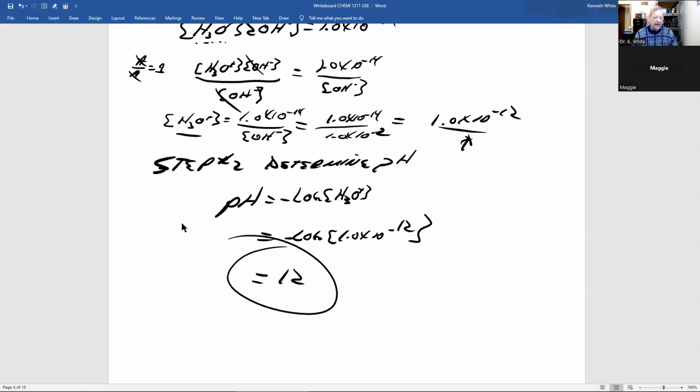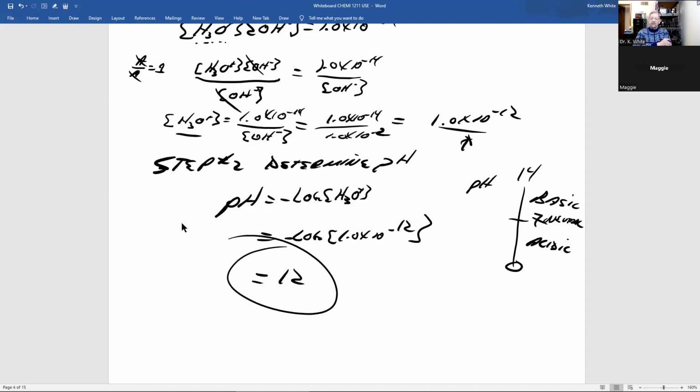So that's my pH. Now, is it acidic, basic, or neutral? Here's the pH chart you should know. 7 is neutral pH.